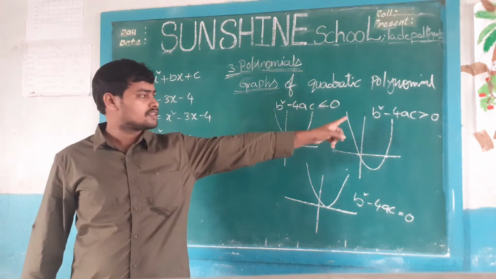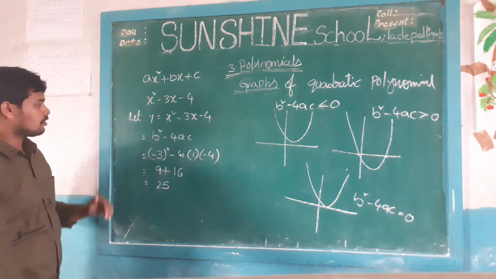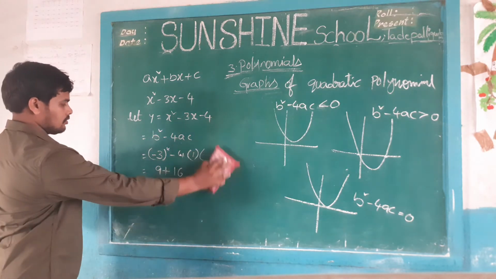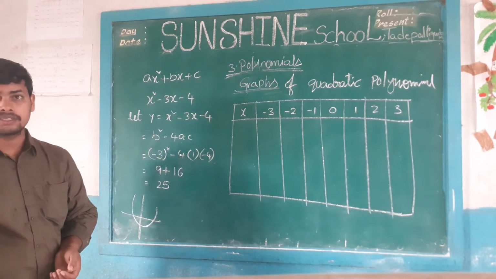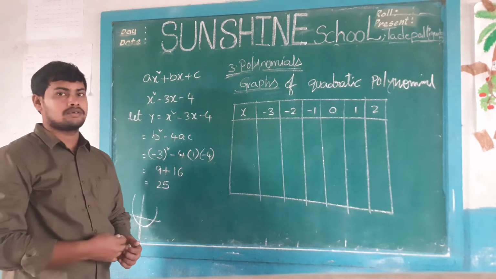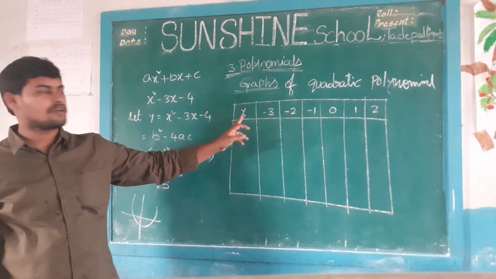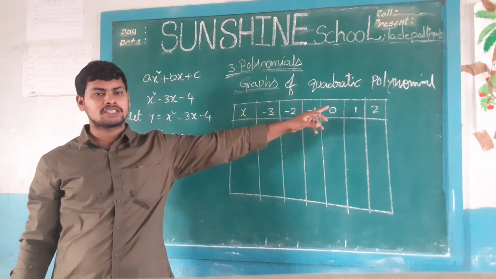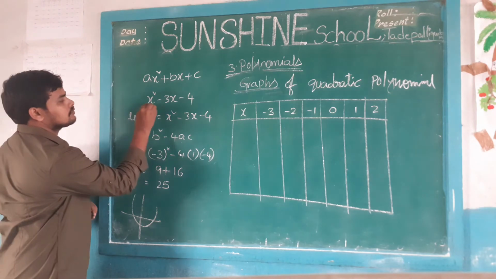Now you have to calculate the points. First, take the x values minus 3, minus 2, minus 1, 0, 1, 2.